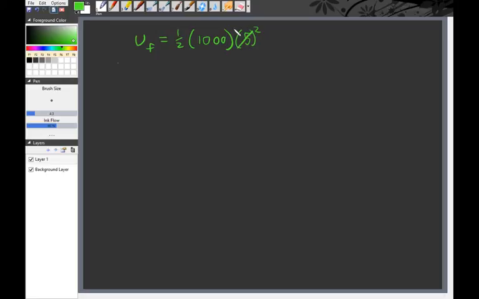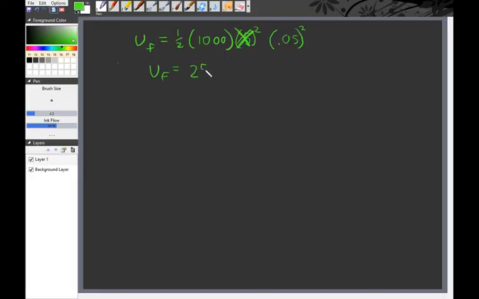It is not 5. We cannot use 5 for this problem. We have to convert it from centimeters into meters. You've got to watch out for that sort of stuff. Now we can solve it. All right, 1/2 times 1,000, that's 500, times 0.05 squared.